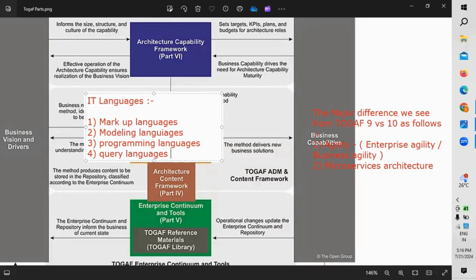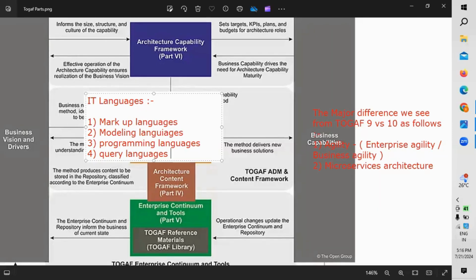Markup language means, for example, you want to create a login page. Normally, if you want to create a login page, you as a developer, consider that way. Forget about TOGAF, architecture and everything aside for some time. If you are a developer working on IT applications and you want to create a login page, there is a markup language called HTML, which we predominantly use.